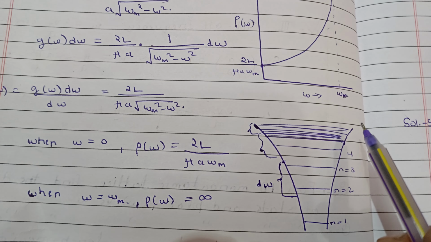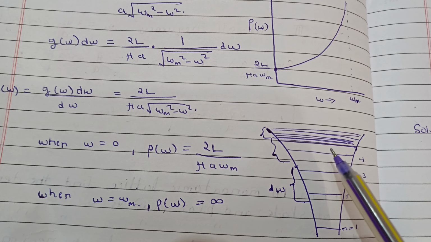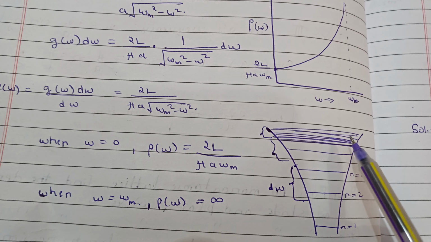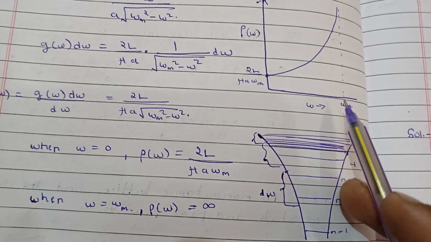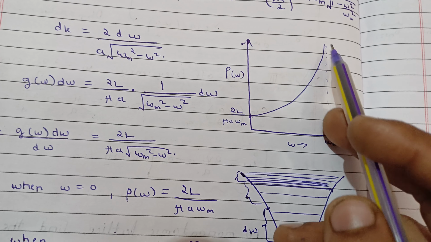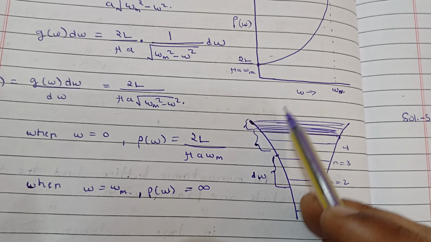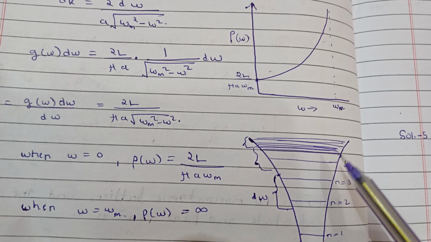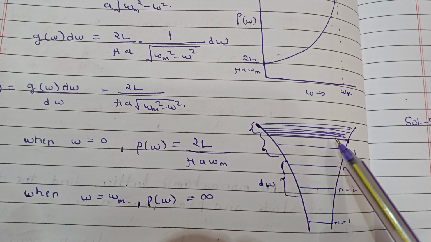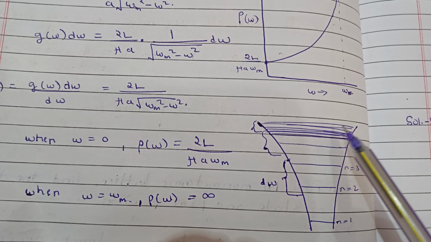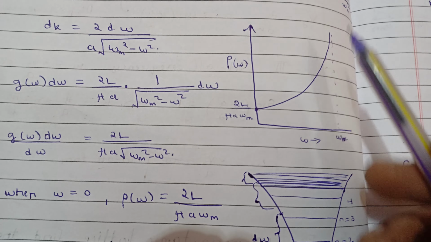So at very high n we have a large number of states with very minute differences between them, so we call them a continuous set of states. At high frequency we get continuous states. That's why we got this type of curve: at high n there are a large number of states with very minute differences between them, so we take them as approximately continuous. That's why at omega m this tends to infinity.